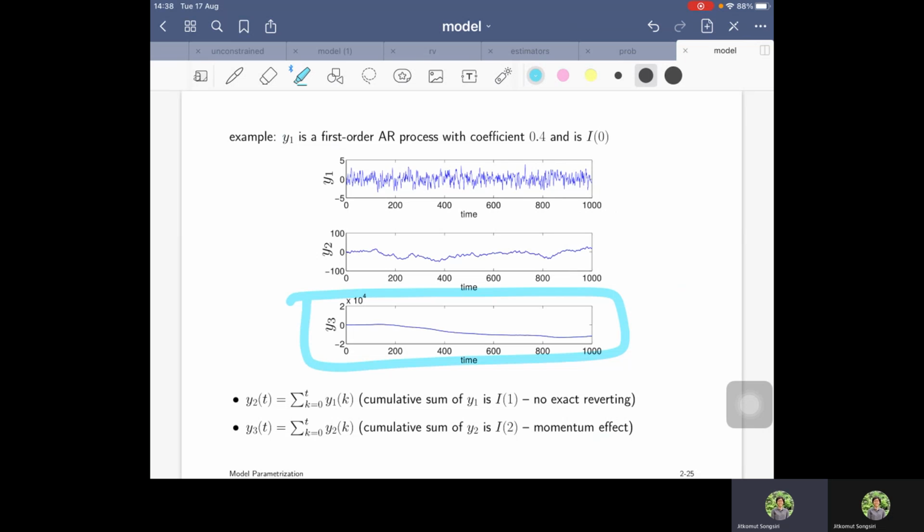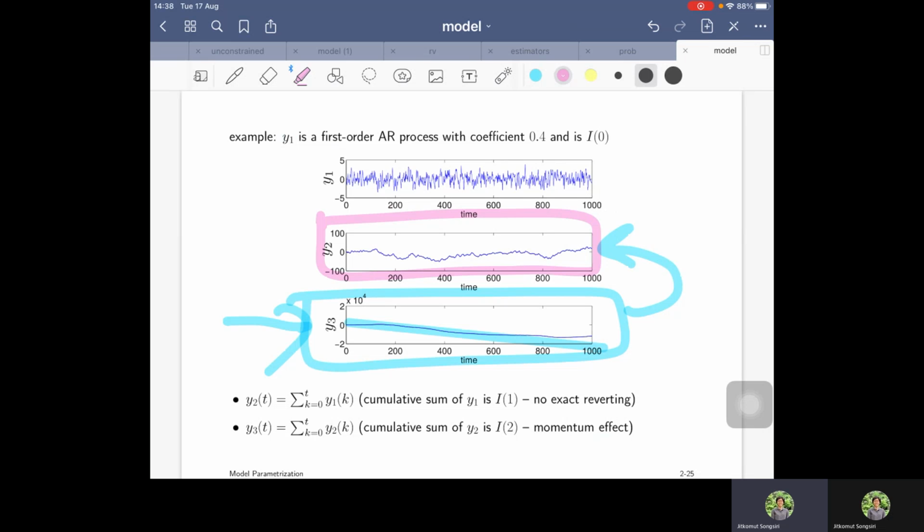In application, you obtain data. This is how you plot it in the first place. Oh, my data set looks like this time series. If you see a time series like this, that has a momentum effect, maybe you want to try to make a first order difference. And then when you go to the pink one, you see that the signal doesn't fluctuate around a constant mean.